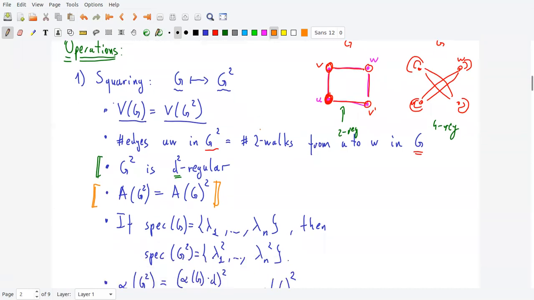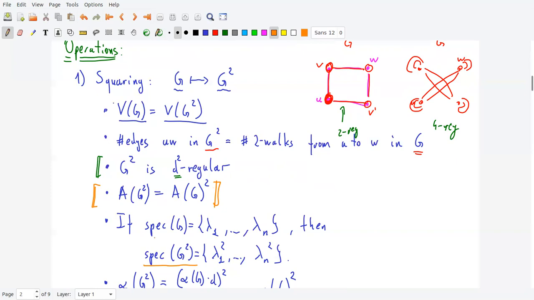This we have seen already during the previous lecture. So if I look at the spectrum of G square, the eigenvalues of its adjacency matrix, then in diagonal form this matrix is just being squared, so every eigenvalue on the diagonal gets squared.